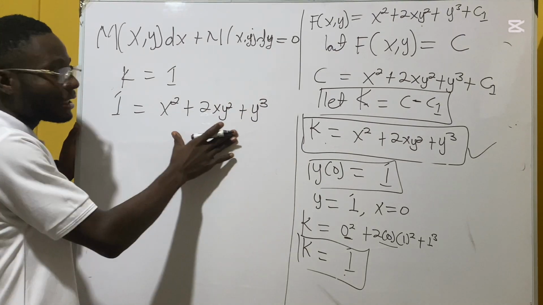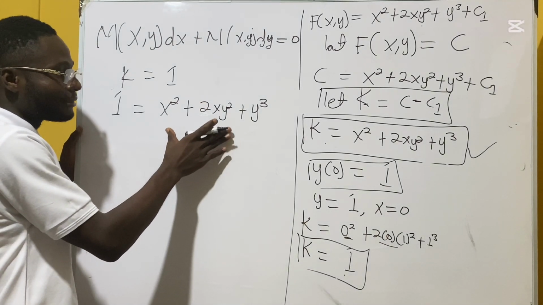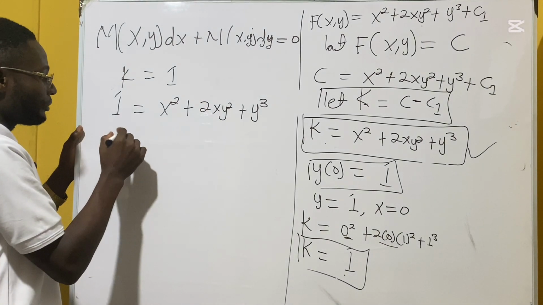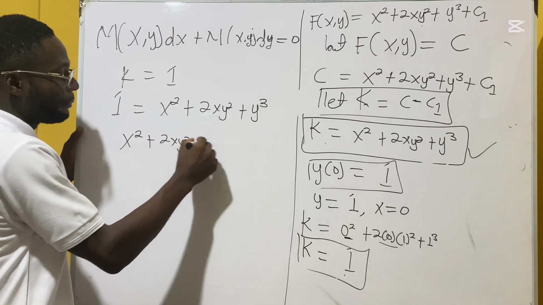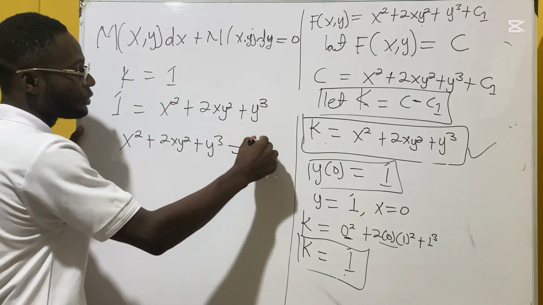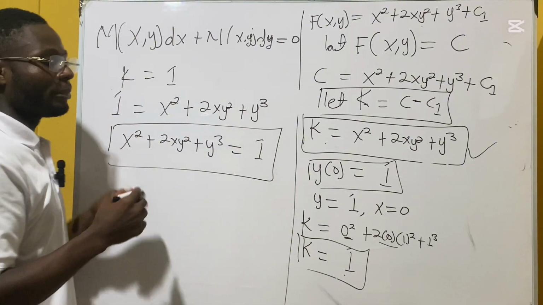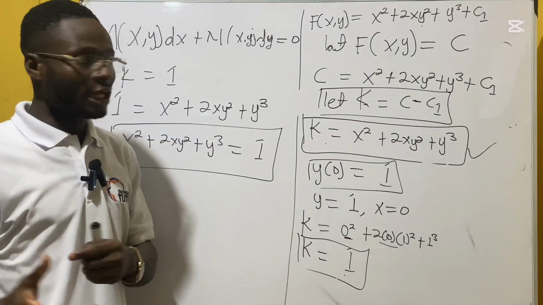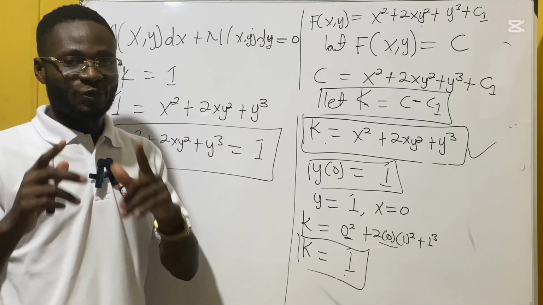Okay, so this becomes our particular solution. So we can rewrite this as x squared plus 2xy squared plus y cubed equals 1. So this is the particular solution obtained for this particular differential equation.